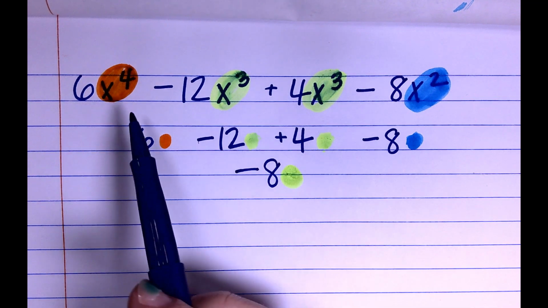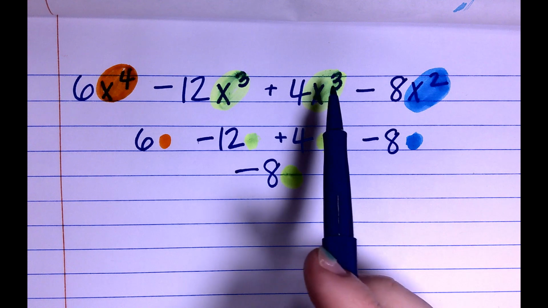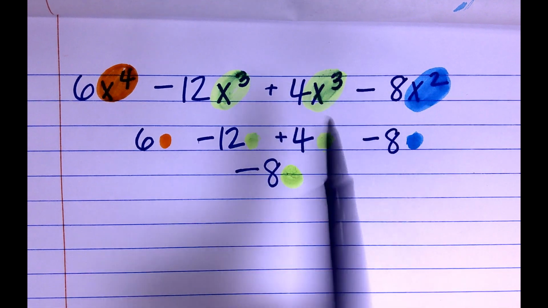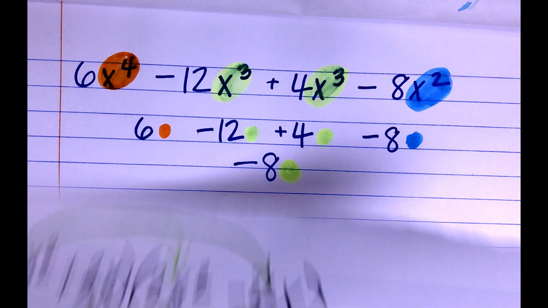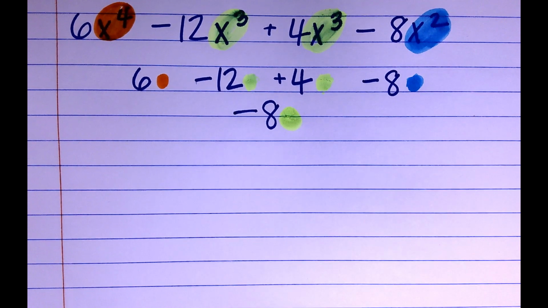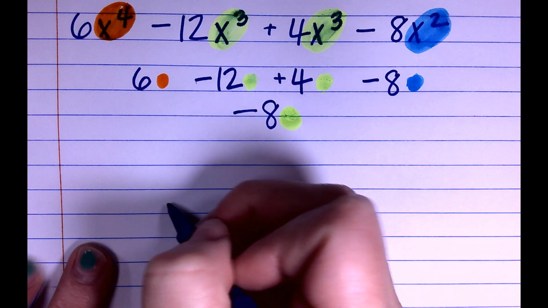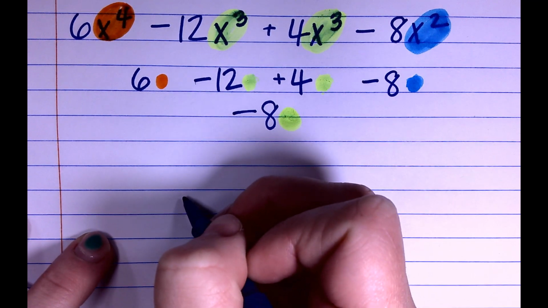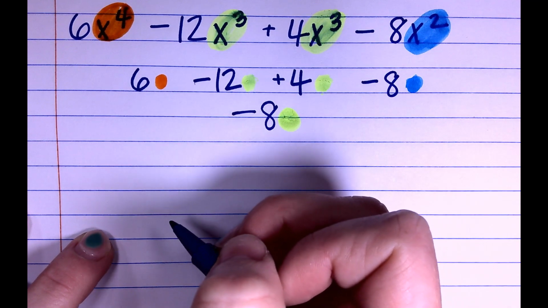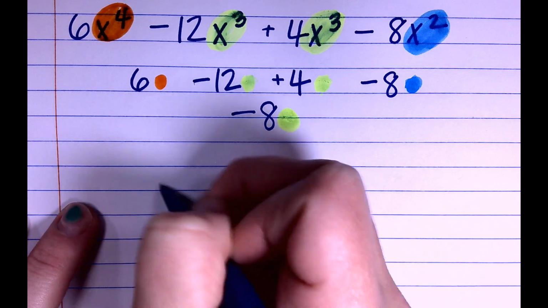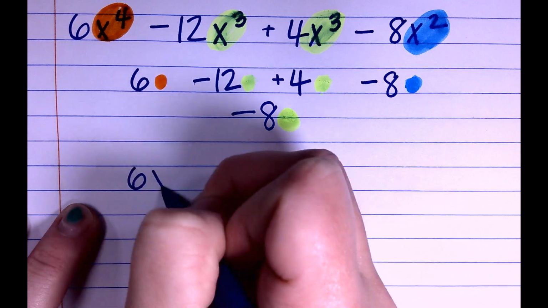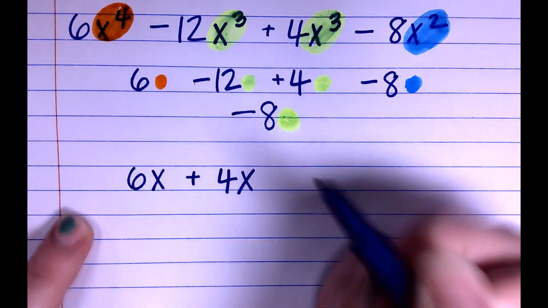Sometimes it's really difficult, especially whenever you have the same variable. Remember in general that when you combine like terms, the variables don't change, because the definition of combining like terms is only adding and subtracting. Anytime I add or subtract, exponents don't change. Like if I had 6x plus 4x, totally different problem.